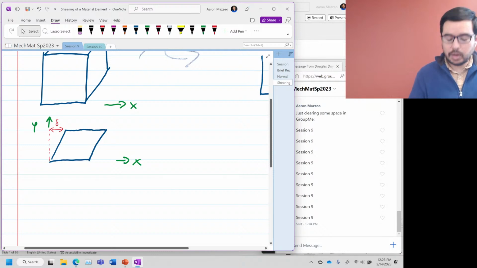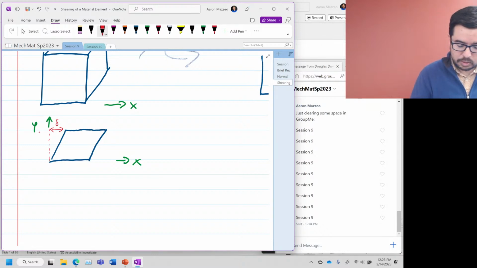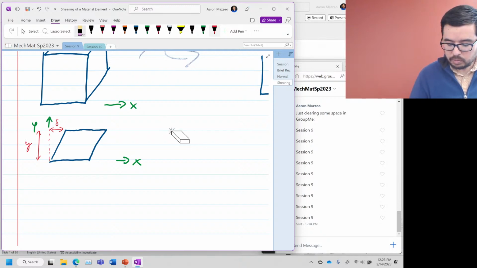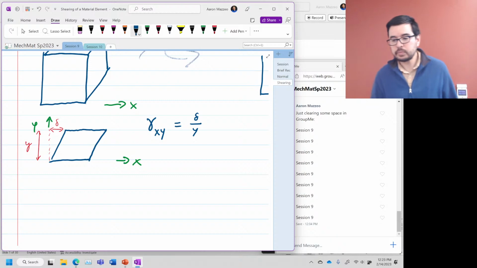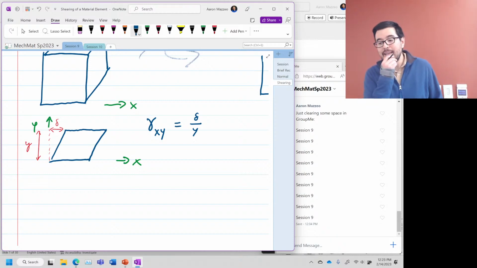And what do we divide by? Well, we divide by the height, right? So then this distance right here, y, we'll call it. Okay. So that the shear strain, and we would write it in terms of x, y, okay, in these axes, that shear strain we can just say is going to be delta divided by y. Okay?